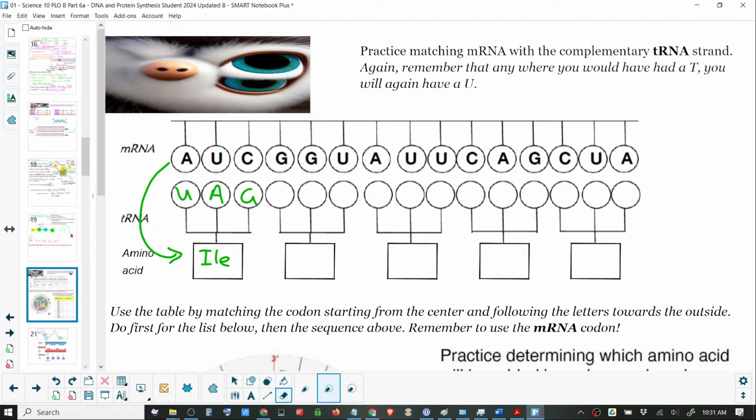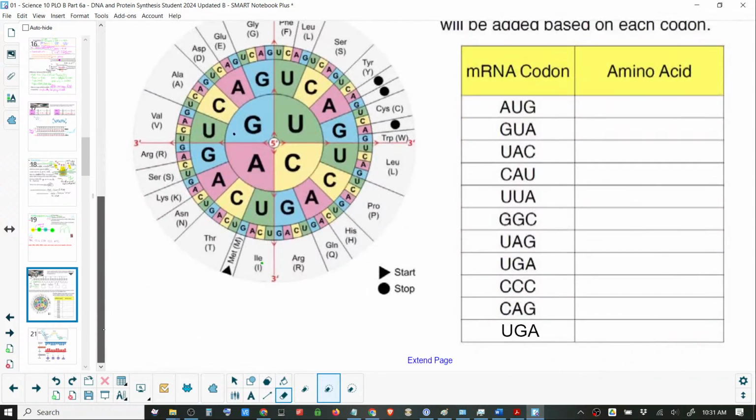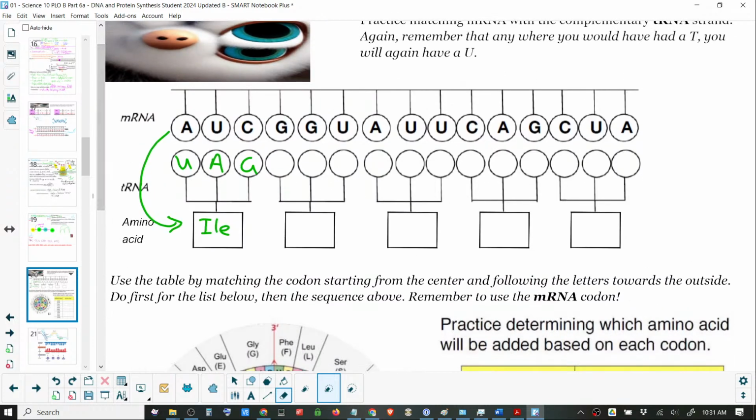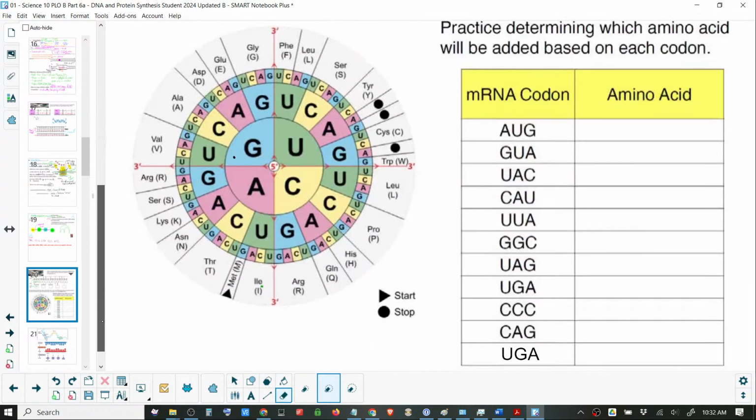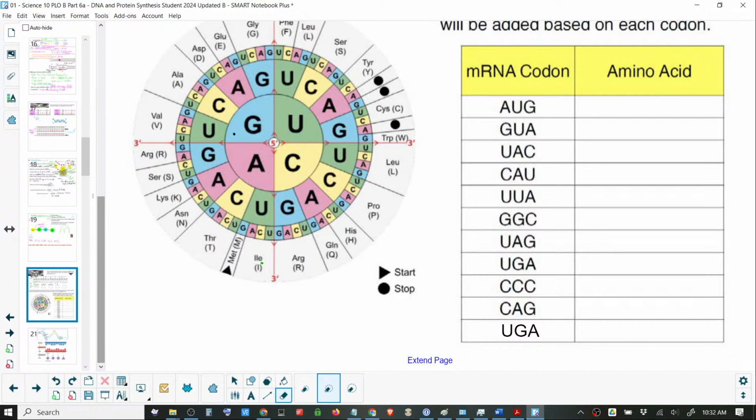The last one, should we just do it as it is, or should we make it into a stop? No, we're just going to pretend that this is in the middle somewhere. On the second one, doesn't that stop?